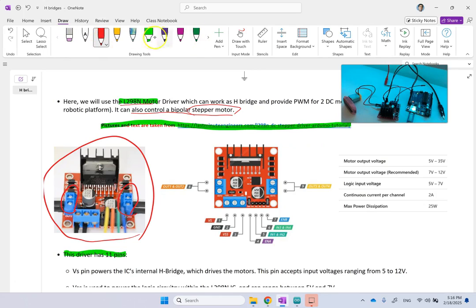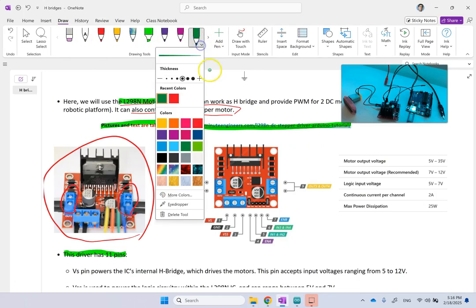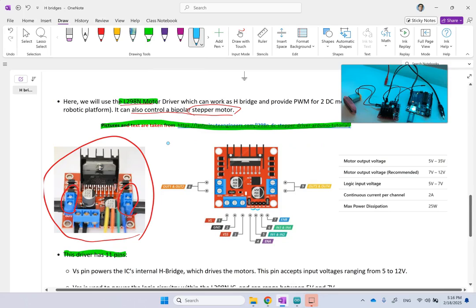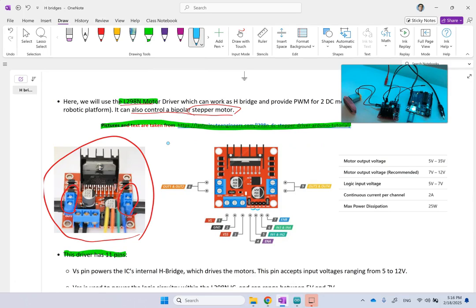So this one and this one are IN1 and IN2. They are basically the inputs for motor A, the motor on the left side, with output 1 and 2 going to motor A. And then IN3 and IN4 are for motor B, the one for which the voltages are OUT3 and OUT4 on the right side.